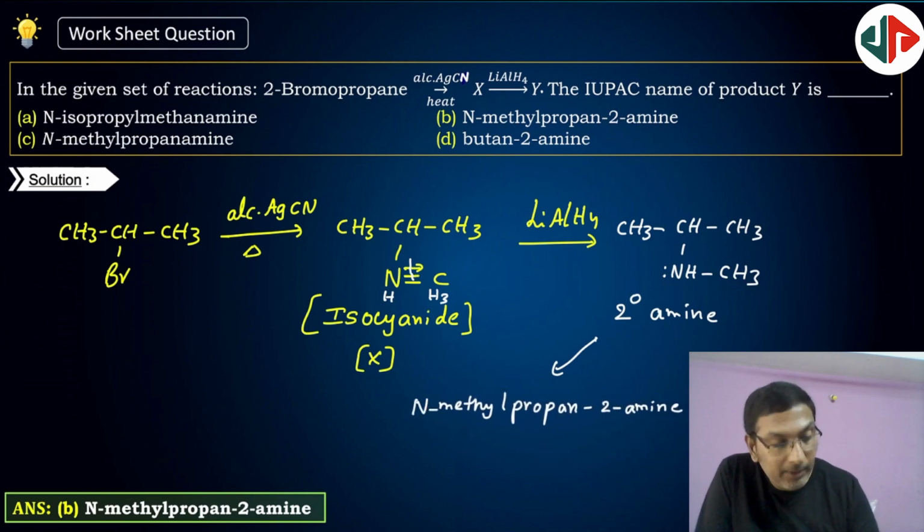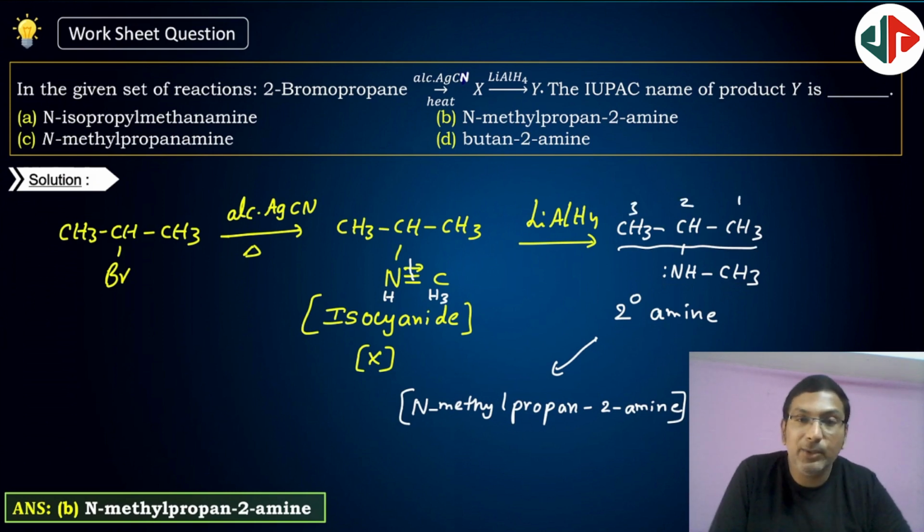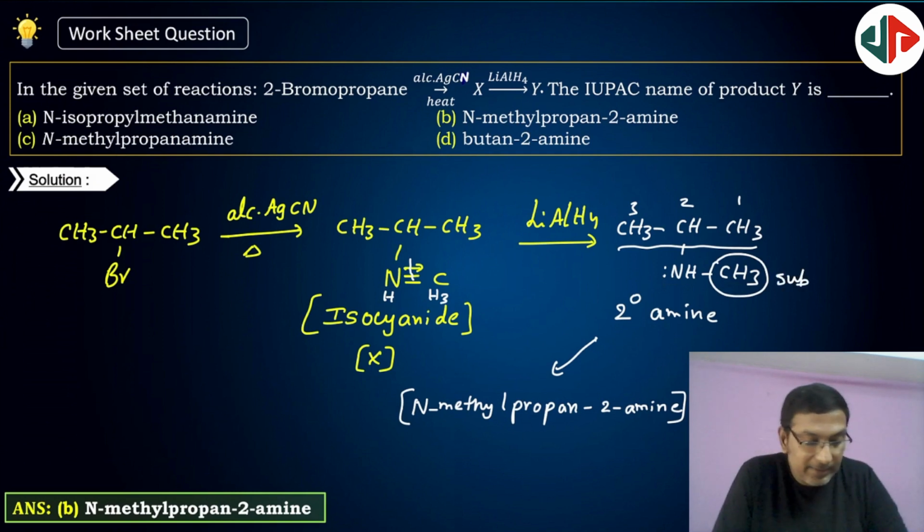This will be the longest possible chain: 1, 2, 3. On the second position the amine group is present, so propane 2-amine. On nitrogen, one CH3 substitution is present, so this CH3 becomes a substituent.